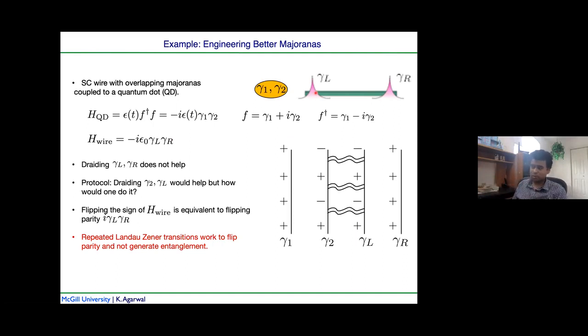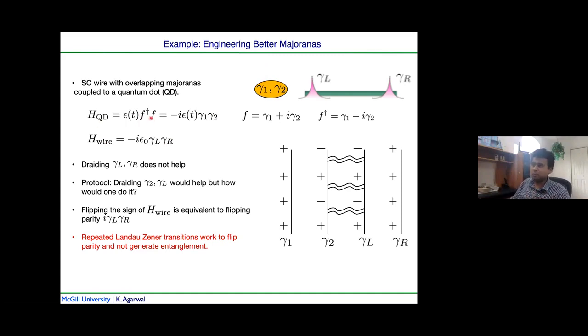They overlap with one another, and I'd like to reduce the hybridization between this gamma L and gamma R. So of course, imagine just theoretically for now, if I was able to double braid gamma L and gamma R, then both gamma L and gamma R are going to flip in sign, and as a result, the hybridization between them in the Hamiltonian is not going to oscillate in time, so it's not going to be reduced. So what I really need is some sort of external Majoranas. Of course, one thing we can do to solve that is to just bring a quantum dot.